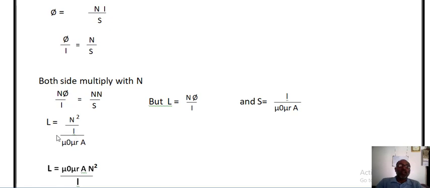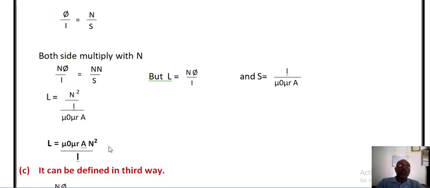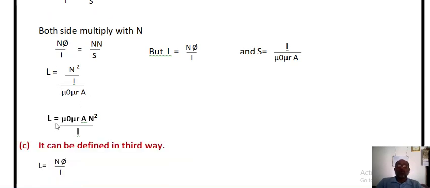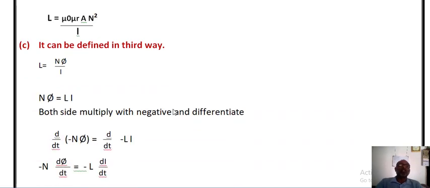So L is equal to N square divided by l over mu 0 mu R A. Now our other equation of self-inductance becomes L is equal to mu 0 mu R A N square divided by l. So from this equation you can also find the value of the self-inductance of the coil.